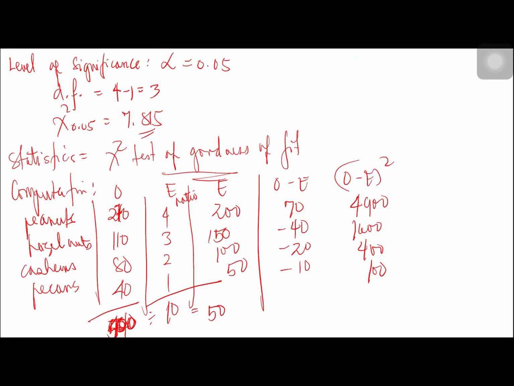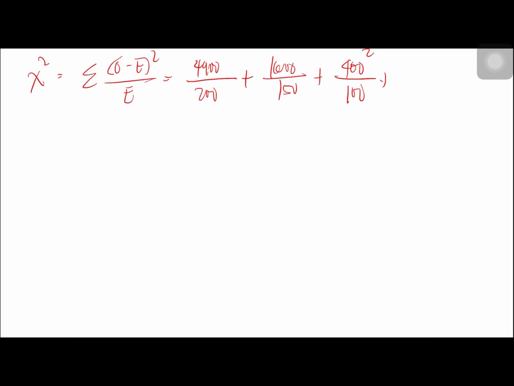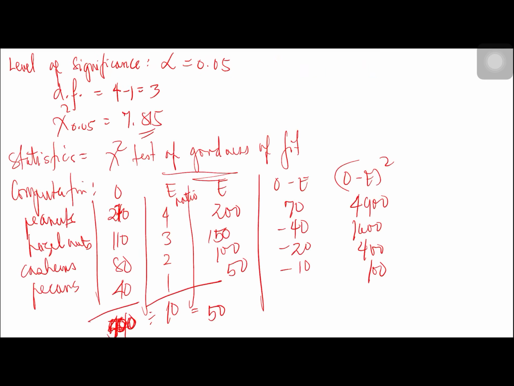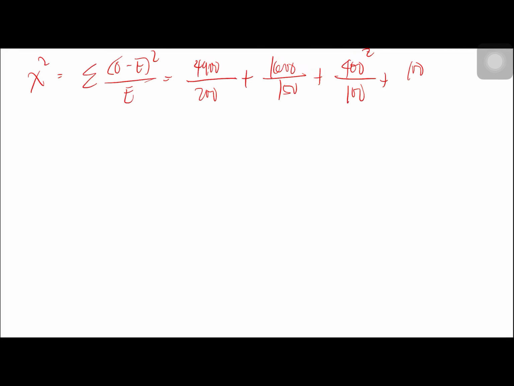400 squared divided by 100 plus, the last one is 100. This is not squared, okay? 100 over 50.